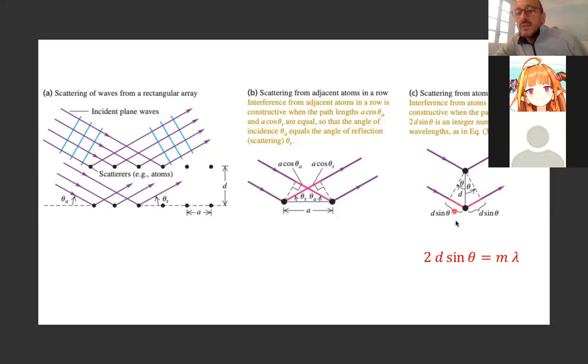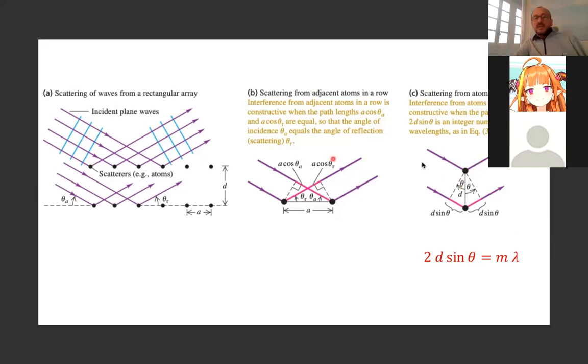But if this difference, which is the usual thing, where this is d and this is sine theta, is 2d sine theta, equal to an integer number of wavelengths, then this one and this one will be in phase.